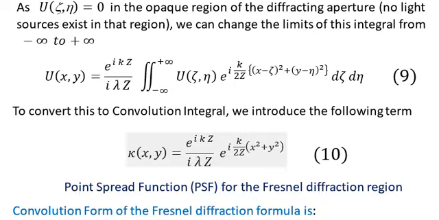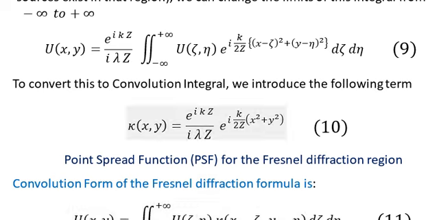If you replace in equation number 10 x by x minus zeta and y by y minus eta, you will get the expression in equation number 9. So this kappa we call the point spread function for the Fresnel diffraction formula.